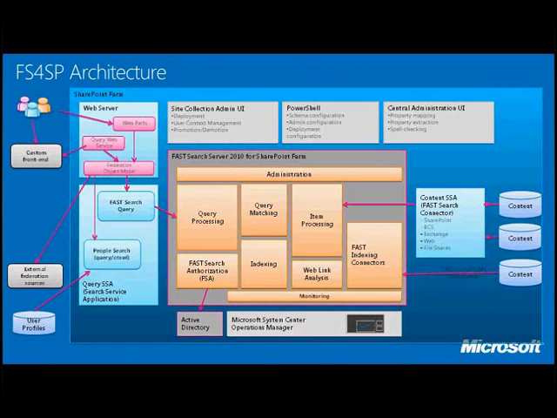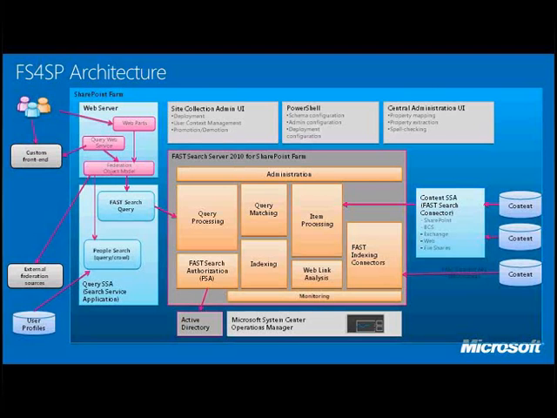On the far right, we've got some content sources that are being integrated either through the SharePoint, BCS, or Exchange connectors. And then in the middle, you've got this big pink box where it says FAST Search Server 2010 for SharePoint Farm. That is a separate set of servers from your SharePoint servers.